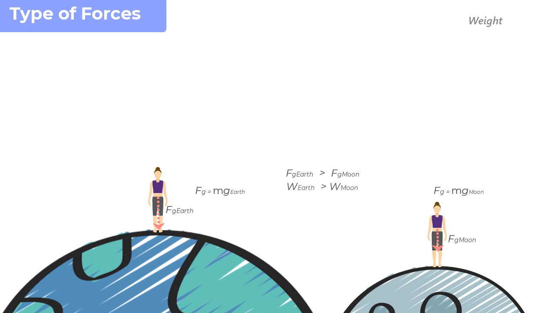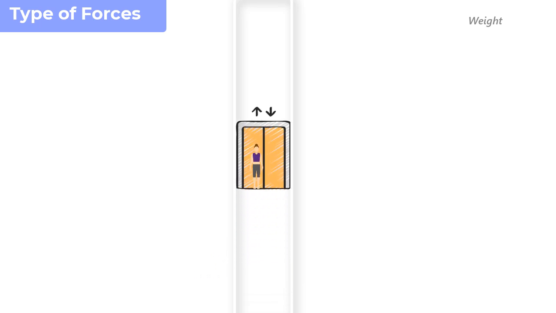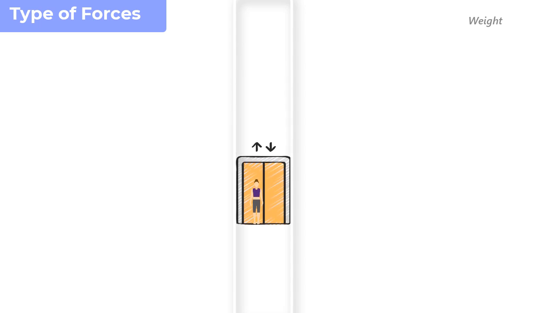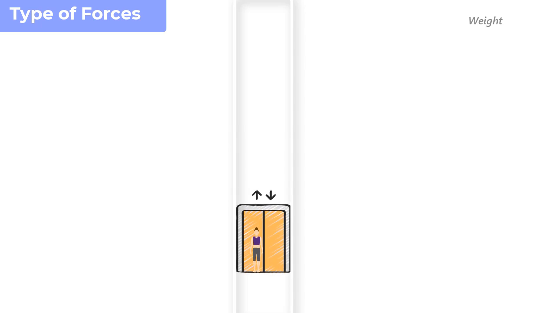But let's get back to earth and let us say you are in an elevator that's speeding up or slowing down. In that case, your weight can actually change and we call it the apparent weight. So your real acceleration, which otherwise is assumed to be g, is influenced by the elevator's acceleration, and it can increase or decrease depending on whether the elevator is accelerating up or down.